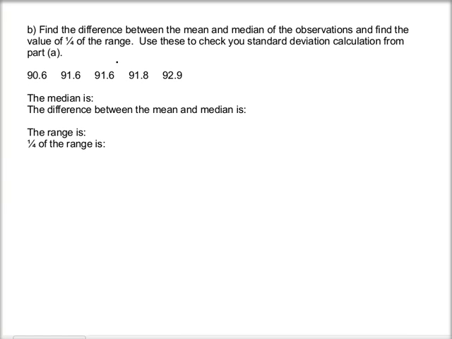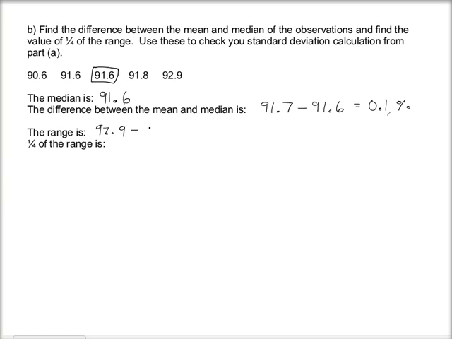Since there's 5 of them, the median is just going to be the center, so 91.6. And then the difference between the mean and the median, our mean was 91.7 minus 91.6 is equal to 0.1%, since we're looking at save percentages.